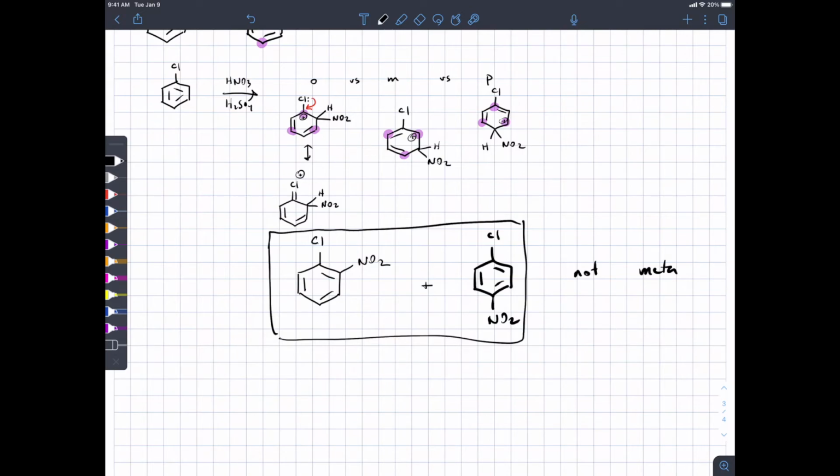I won't ask you to ever predict whether ortho or para will be major relative to each other, just that both of them will be present more than the meta product. If you were using this in a synthesis, I would allow you to use either of these in a subsequent step, assuming that you could purify them away from each other, and then you'd be good to go.